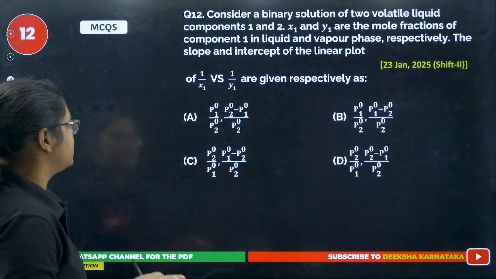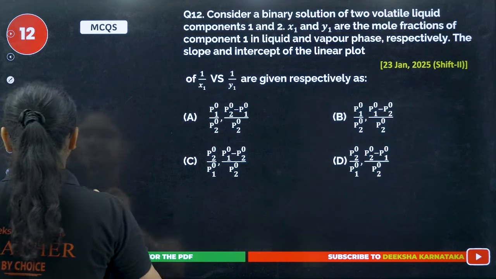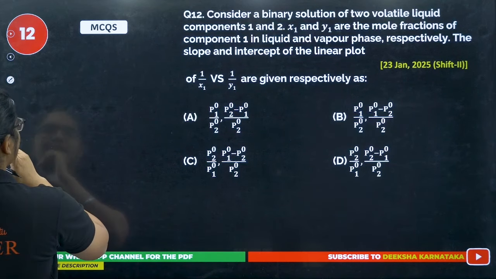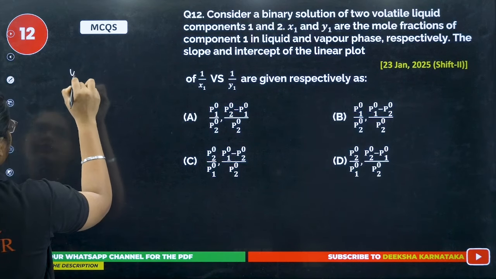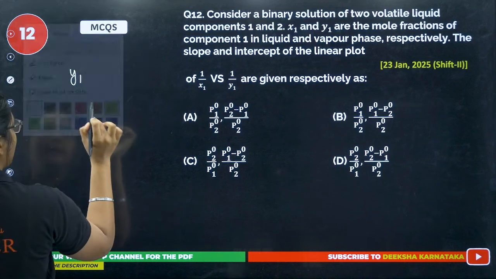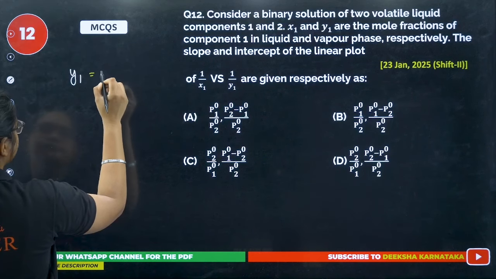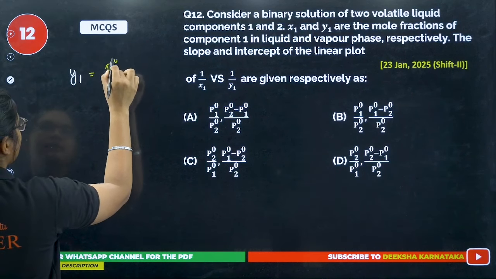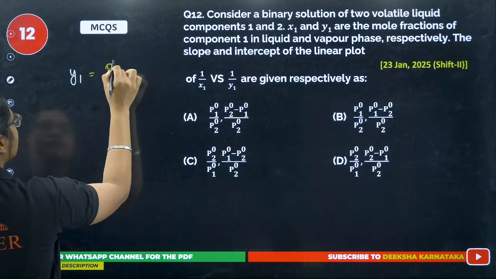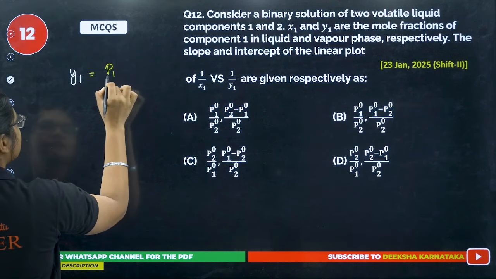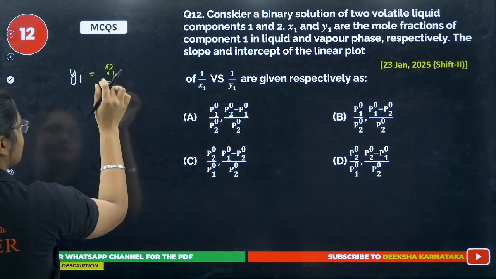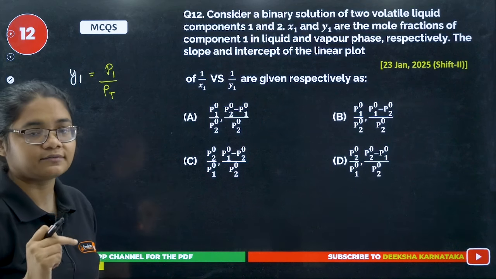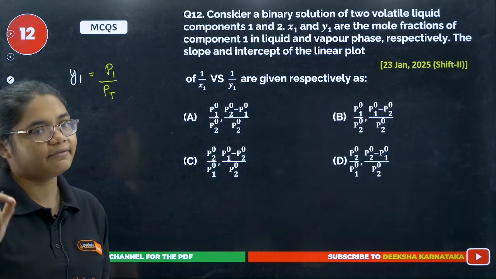Okay, so for this, what all things we can do? See, first of all, I know the value of y1. y1 is equal to P1 by P total. The partial pressure by the total pressure gives you the mole fraction in the vapor phase.